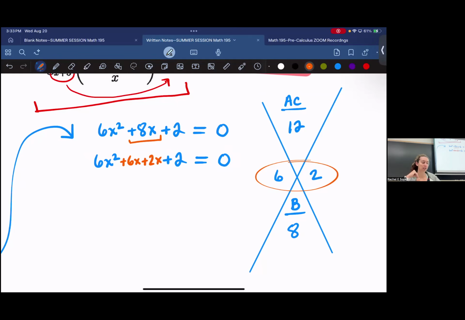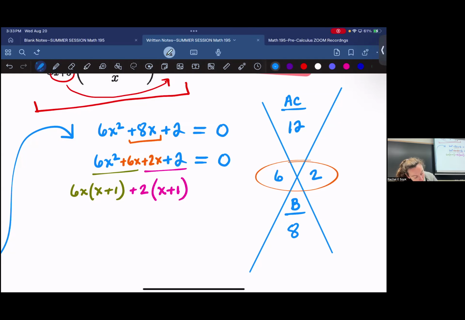And now we can utilize factor by grouping. The first two terms, we can pull out 6x, and when we do, we're left with x plus 1. And then the last two terms, we can pull out a 2, and when we do, we're left with x plus 1.